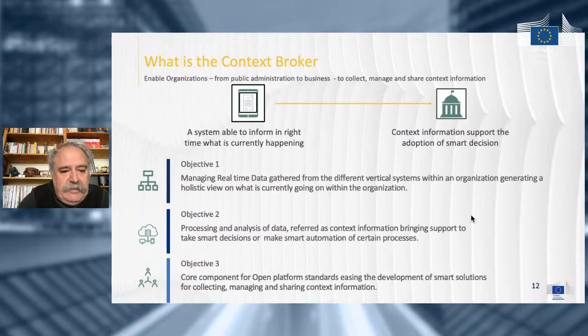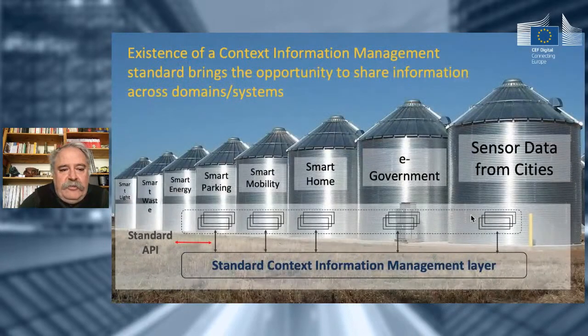The third objective is that all of this shall use standards. So information shall be provided in a standard way, and in a way that can be further developed and adopted in other environments.